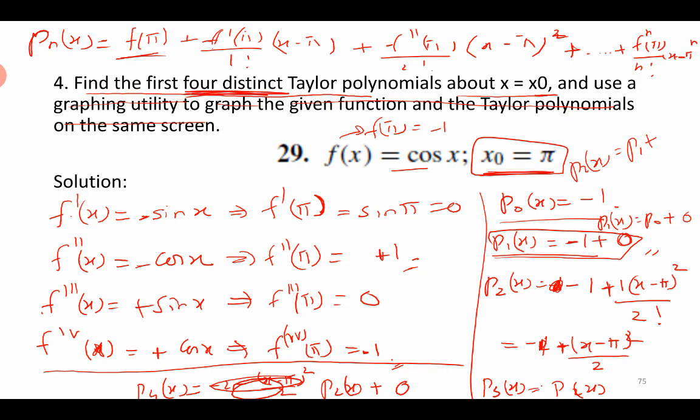So p3 is p2. Now what is p4? That's the question. p4 is p3 plus the next derivative term. So p0 and p1 are the same. p0 is a distinct one, p2 is a distinct one. Now we have to find two more, p4, then check p5, p6 in this way. Right, let me type p4.